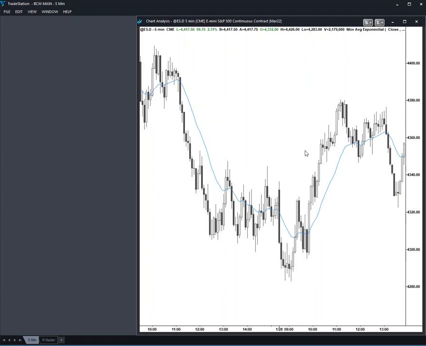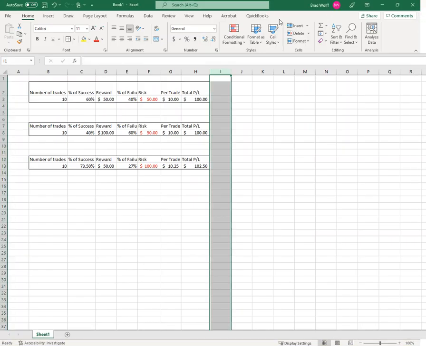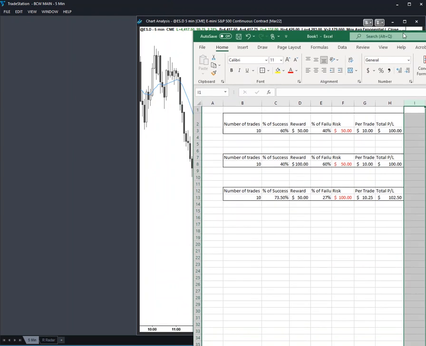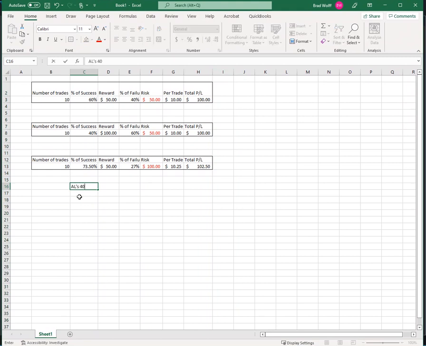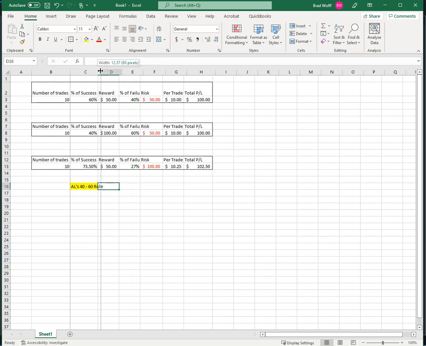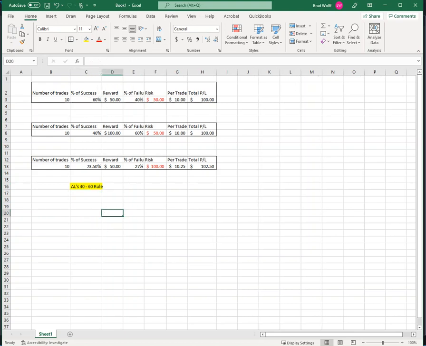And really what I want to go into is what Al talks about, Al's 40 to 60 rule, and what that exactly means.